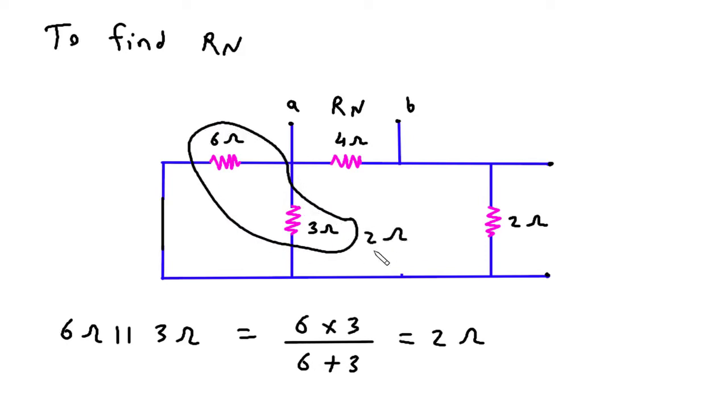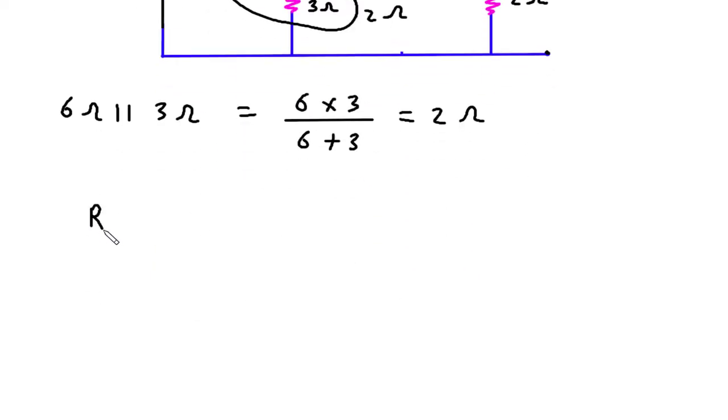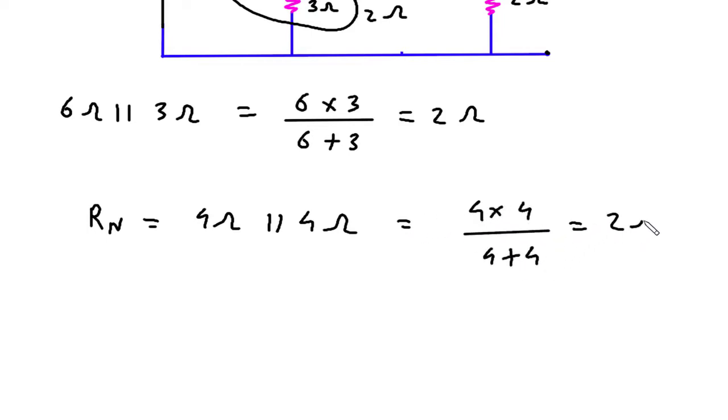Now this 2 ohm is in series with this 2 ohm, so this will be total 4 ohm. And this 4 ohm is in parallel with 4 ohm. So Rn is equal to 4 ohm parallel with 4 ohm, so 4 into 4 divided by 4 plus 4. This will be 2 ohm. Therefore Rn is equal to 2 ohm.